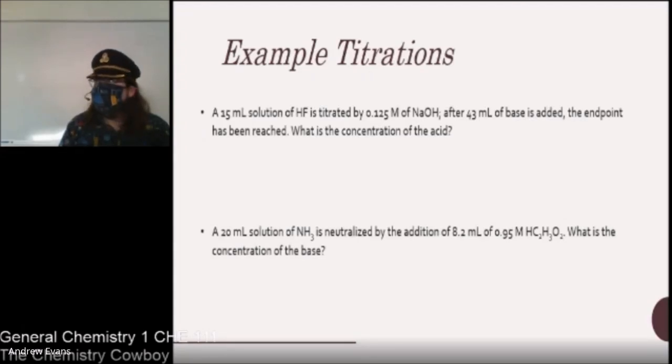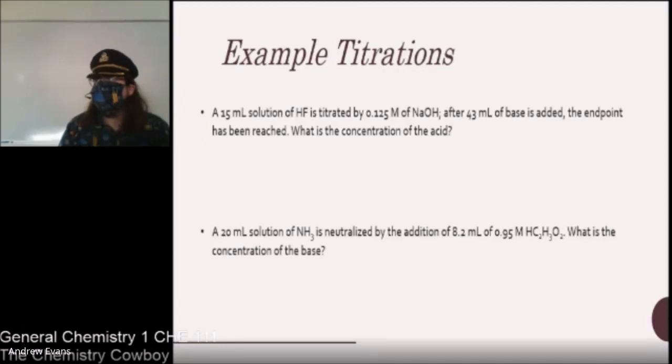Finally, we briefly discussed titration, which uses that same M1V1 concept. As you titrate an acid with a base, we're looking for the exact point where the moles of acid equal the moles of base.